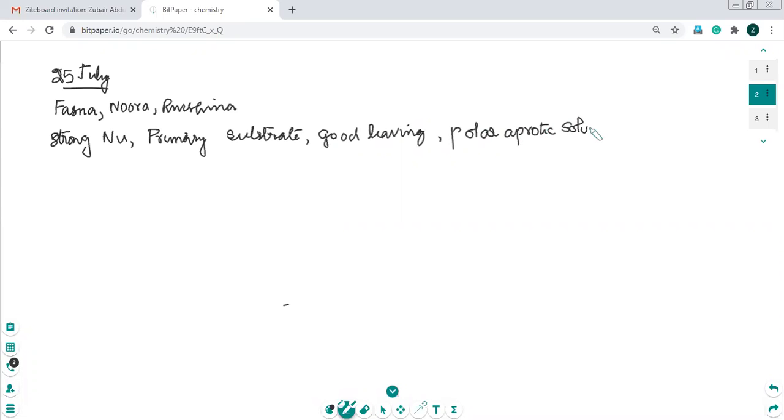These are the factors which affect SN2 reactions.